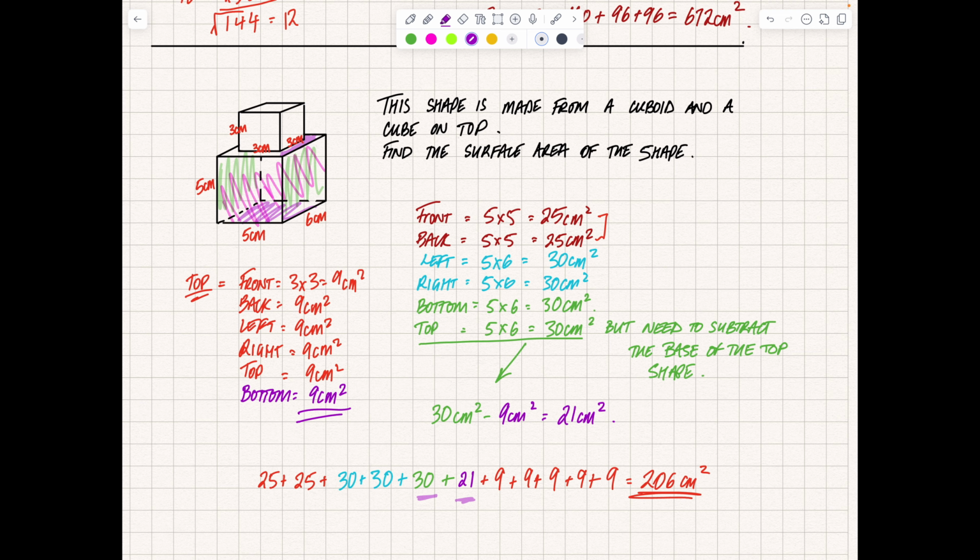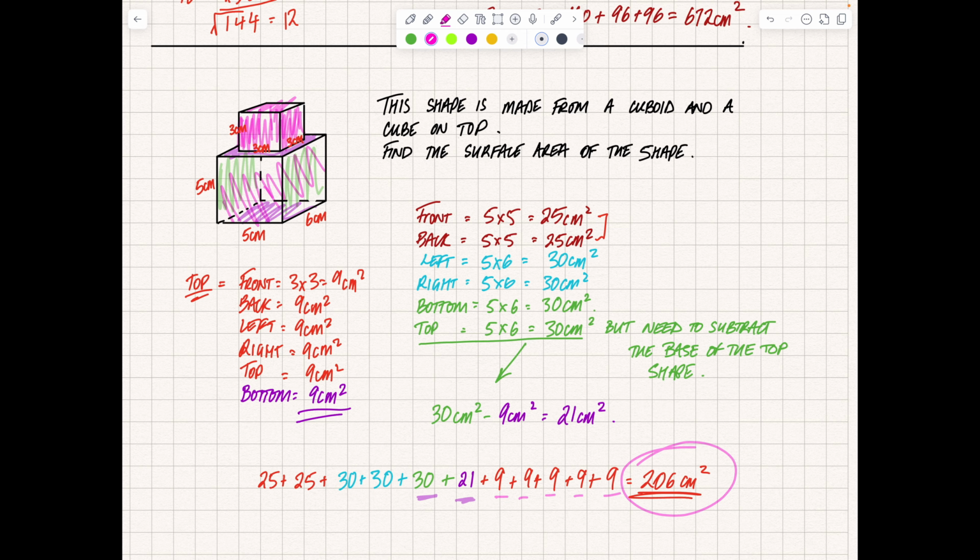I'm adding that bit round there, which becomes my 21. And then on the top shape, I'm adding my front, which is my 9, my back, which is my 9, my left, which is my 9, my right, which is my 9, and the top here, which is 9. But you are not now adding the bottom, so I'm only adding 5 faces there. And altogether, when you do that, you get an answer of 206 centimetres squared.